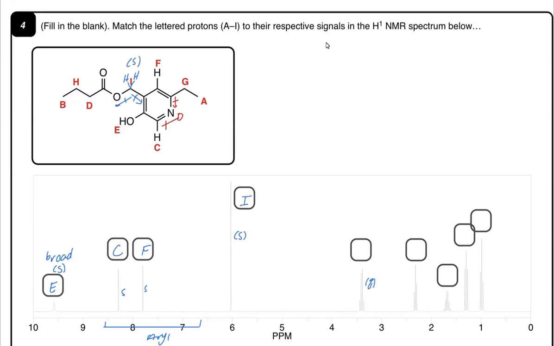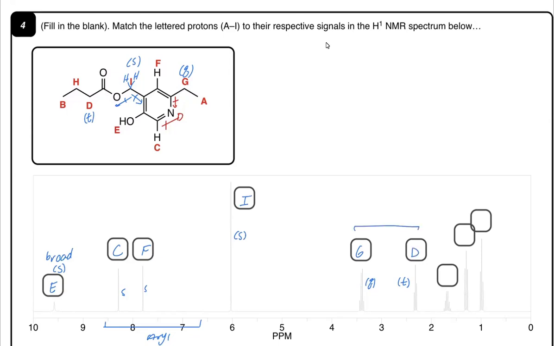And as I scan my structure, I might notice protons adjacent to the pi systems, because that's the next most withdrawing effect present. But D would be split into a triplet, and G would be split into a quartet by the adjacent methyl group. So this signal here represents G, split into a quartet. The next most downfield signal is a triplet. I would say that's D. Okay, that would be D.